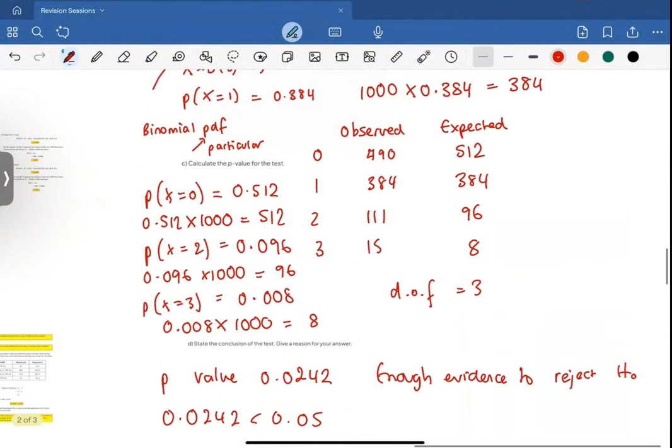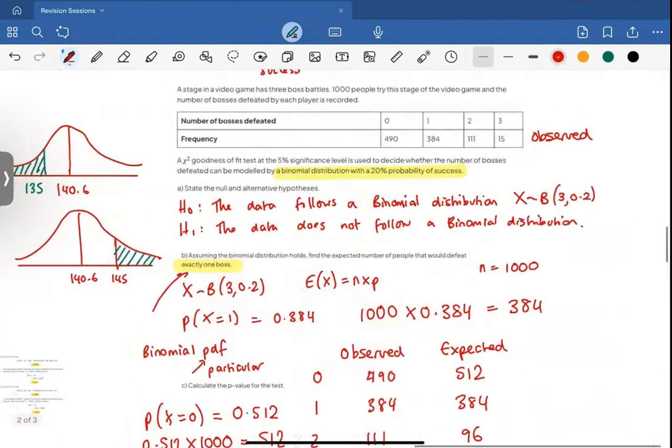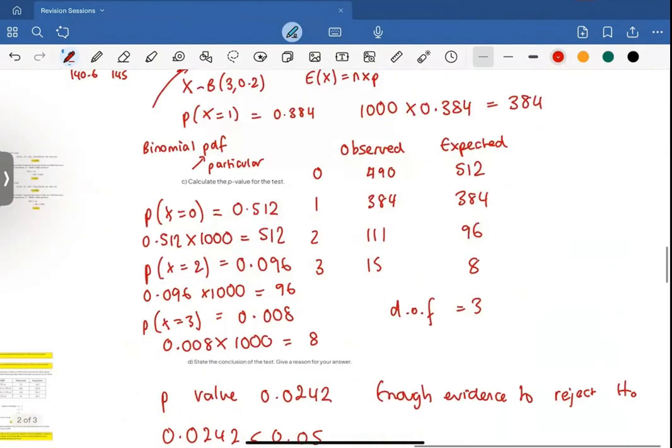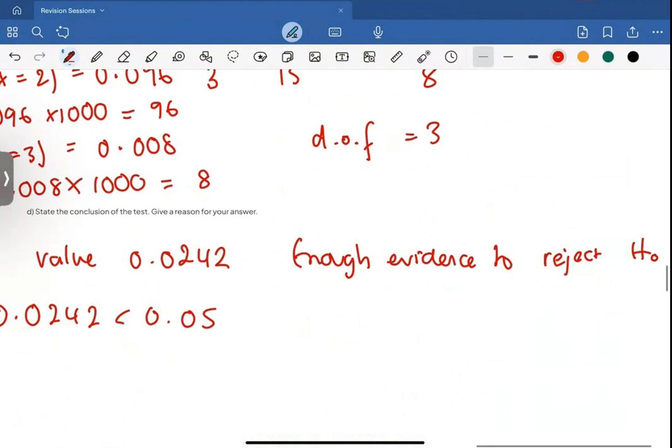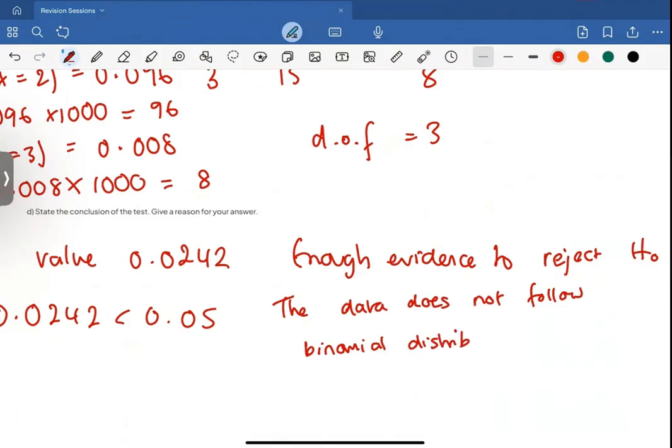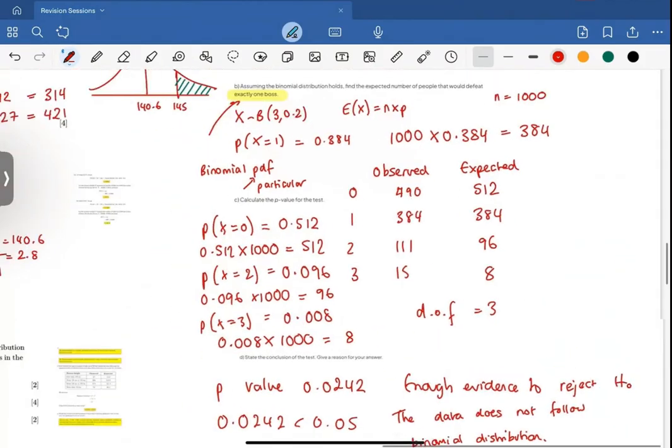And what does that mean in our situation? We're going to go back to our things up here: this data does not follow the binomial distribution. Okay, and then that's question finished.